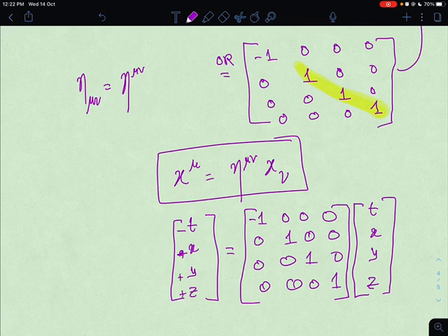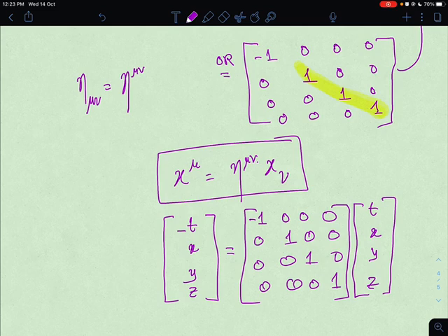These all will be remaining plus. So that only gives me minus for this part. So the Einstein notation here is that I am multiplying this entire column vector with this matrix. Since it's diagonal, only the t part picks up a sign, and x, y, z will remain the same.